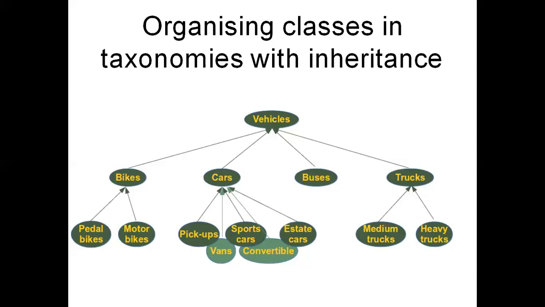If we talk about bikes, we have pedal bikes like bicycles, which have no motor. But when we talk about motorbikes, there is an entirely new feature: it has a motor, and if there is a motor, it requires fuel so that it can move ahead. And again, a huge set of vehicle features has been inherited into cars.